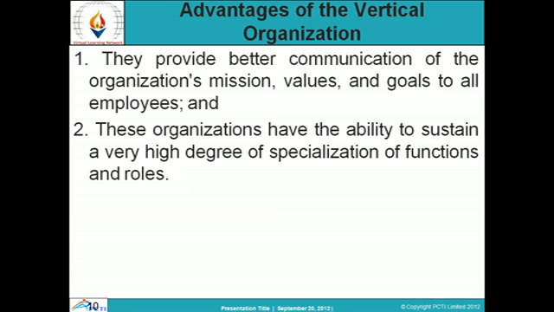Now there could be some advantages of the vertical organization. The vertical organization provides better communication of the organization's mission, values, and goals to all employees. In terms of achieving mission, values and goals, the vertical organization is very effective, because these organizations have the ability to sustain a very high degree of specialization of functions and roles.